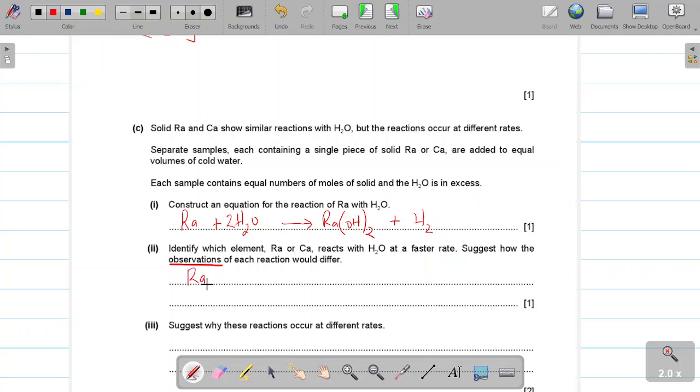And an observation that we should see is there's more rapid effervescence with radium, so more rapid fizzing or effervescence. Or you could also say that the radium will disappear more quickly.